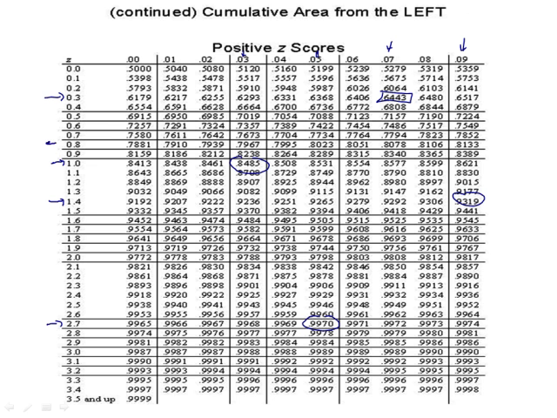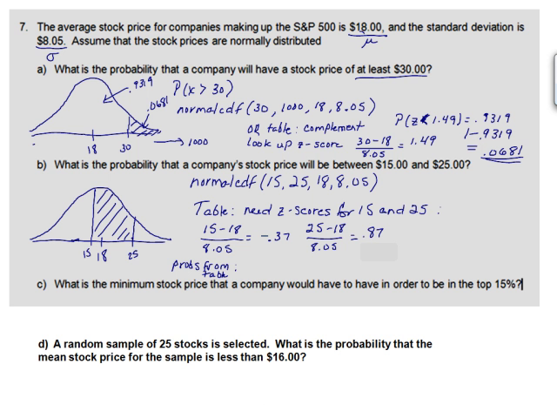For the 0.87, we have to go to the positive z-scores table, so we look up the 0.8, the 0.07, and we get 0.8078. So now we have both of our probabilities, and then to get our final probability we're going to subtract. So we take the 0.8078 minus the 0.3557, and our final answer is 0.4521 for our probability.